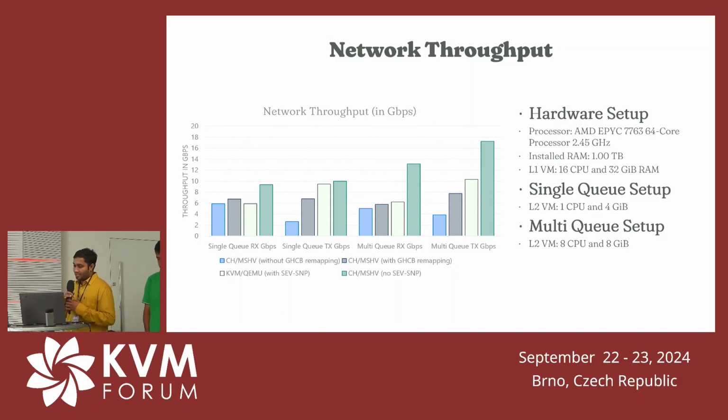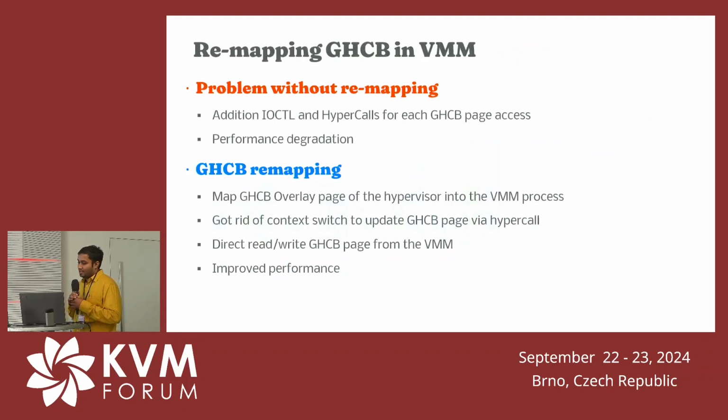Let me explain what these two things are. What is GHCB remapping in the first place? GHCB is the guest hypervisor communication protocol on SEV-SNP. Initially, Microsoft Hypervisor did not allow you to access the GHCB page directly in the VMM.